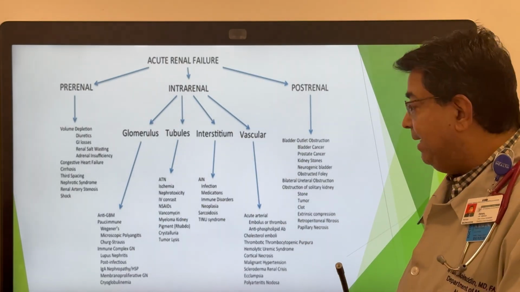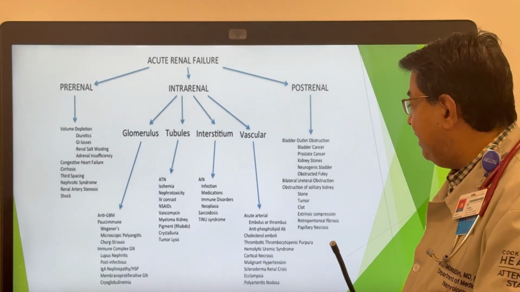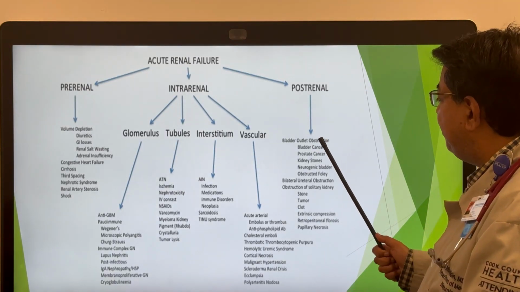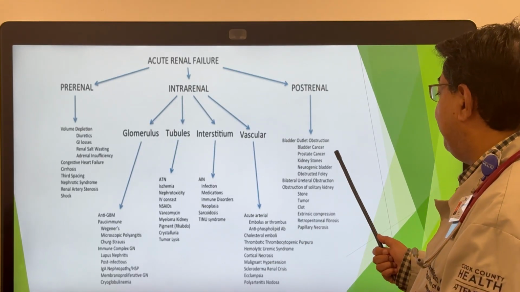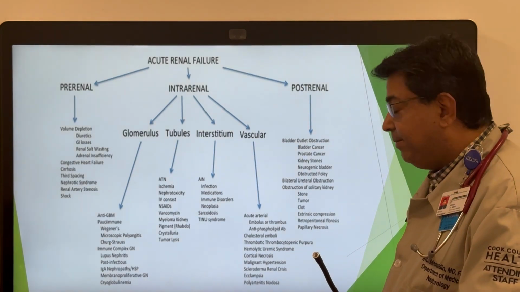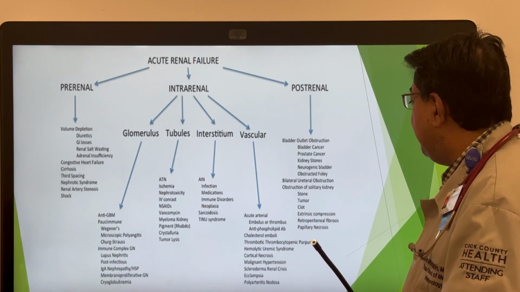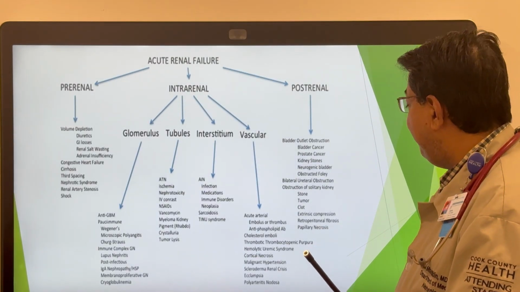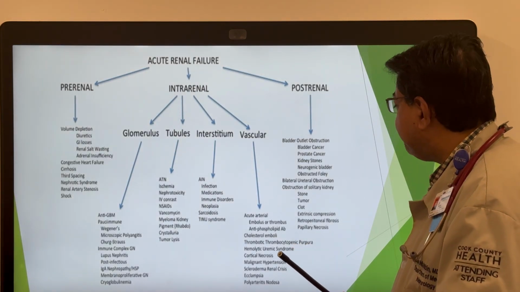Postrenal is probably the second most common etiology that you will see in the clinical setting. Bladder outlet obstruction, whether it's because of bladder cancer, prostate cancer, kidney stones, even neurogenic bladder in the setting of diabetes or other neurogenic etiologies. Obstructed Foley: if the Foley is obstructed, obviously you're going to have obstruction and hydronephrosis.